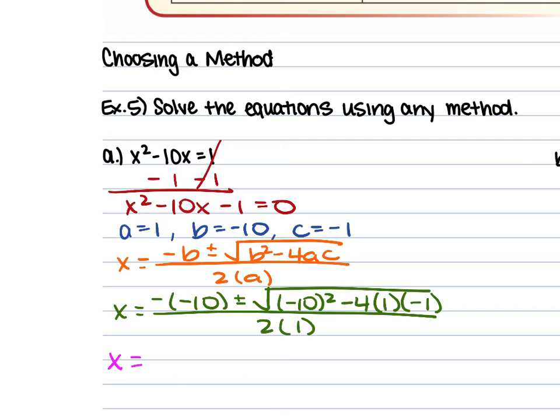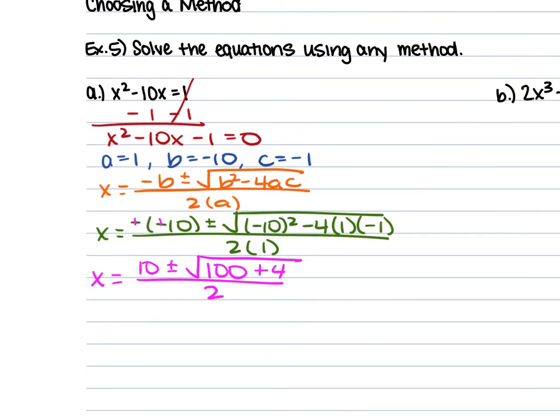This leaves us with a positive 10, plus or minus the square root of 10 squared is 100, minus 4 times 1 is negative 4 times negative 1 is positive 4, all over 2. This simplifies to be x is equal to 10 plus or minus the square root of 104 over 2.